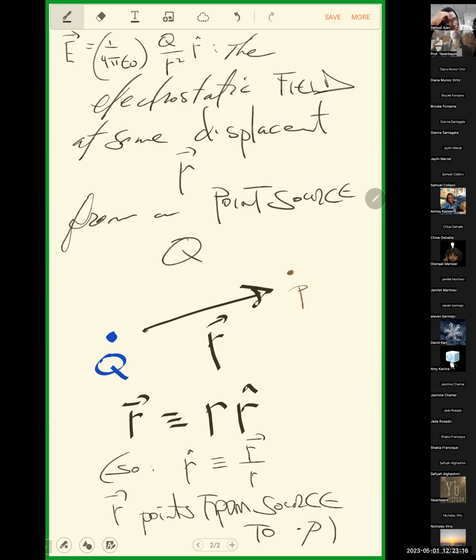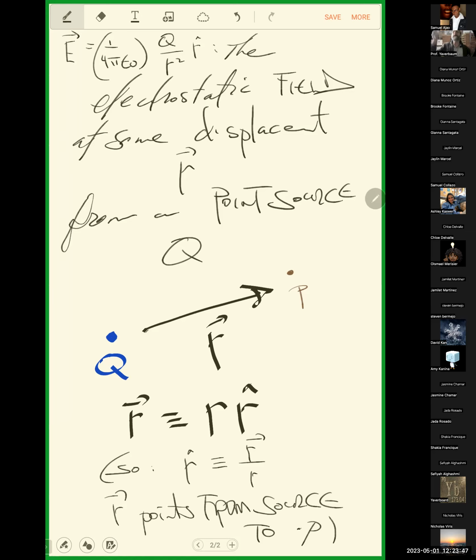Some hypothetical charge of positive 1 coulomb of charge. If you imagine a positive 1 coulomb of test charge located at any given point in space, then that charge would be forced with a certain number of newtons and in a certain direction by the original source charge Q.